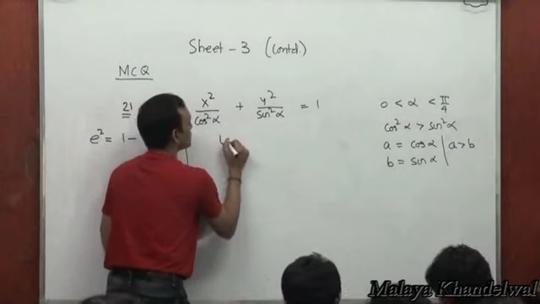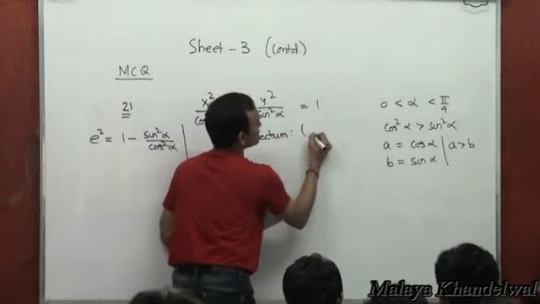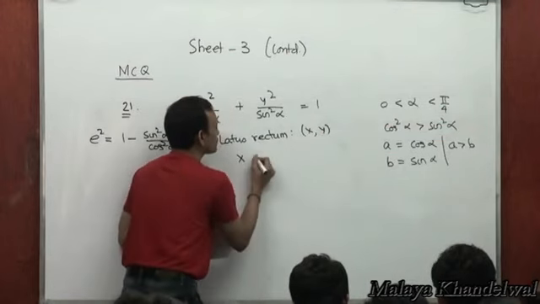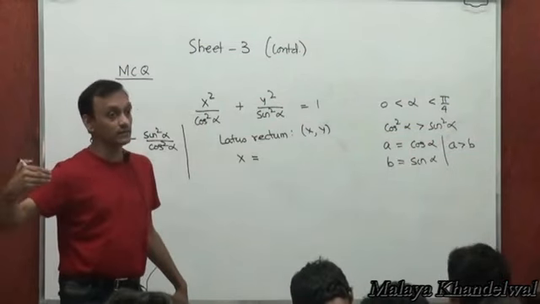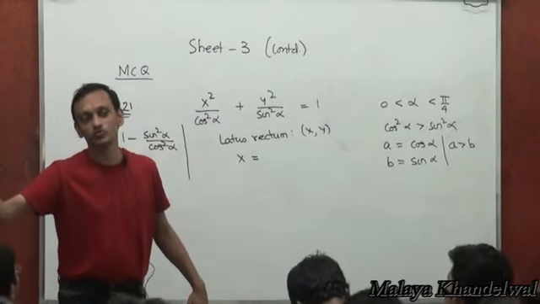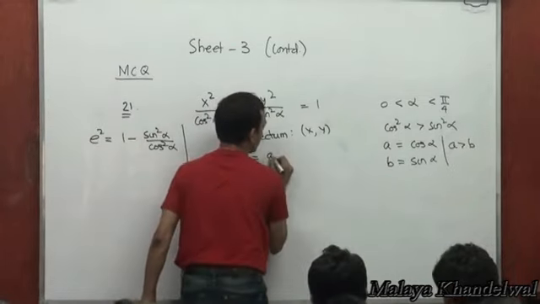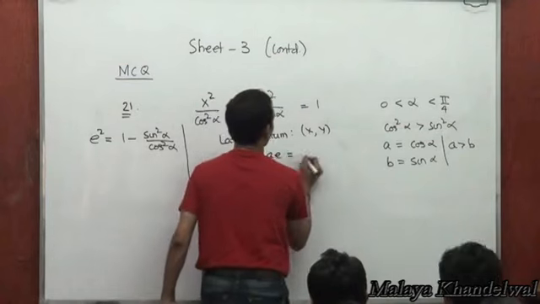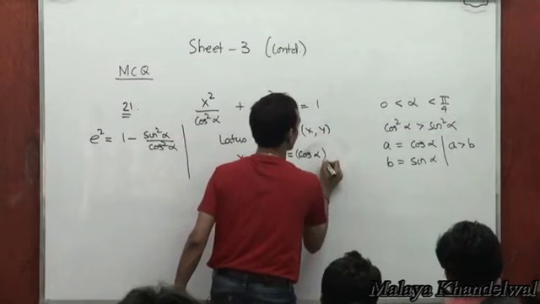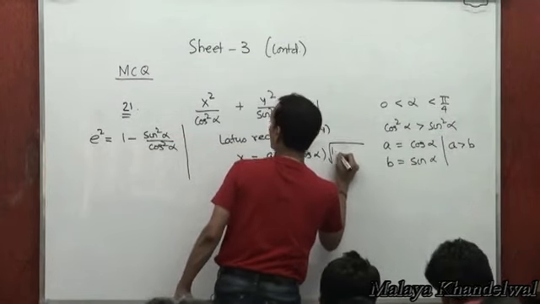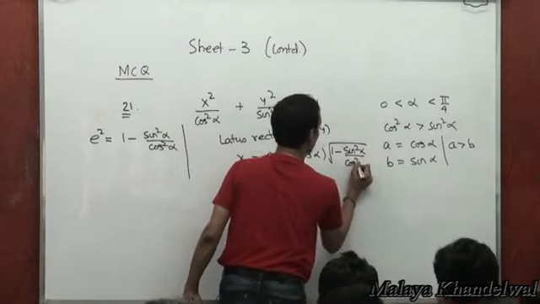So let's say the latus rectum has its endpoints as x comma y, then x would be ae because it's from the focus, right? So x would be ae, means a is cos alpha into root 1 minus sin squared alpha by cos squared alpha.